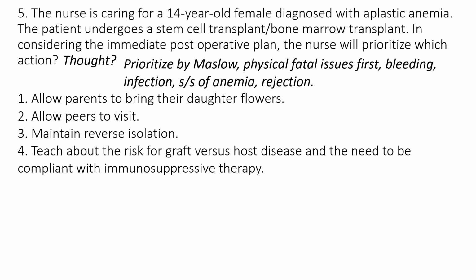That is graft versus host disease. Rejection can happen within the first few days acutely, and it's very dangerous. But in the answers here, we're going to go with number 3 because we don't have a bleeding option. And number 4, it says teach about it. It doesn't say to monitor for it or assess it. So teaching is less of a concern than assessing for it.